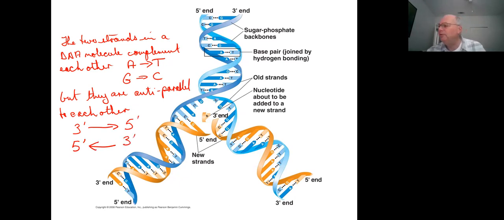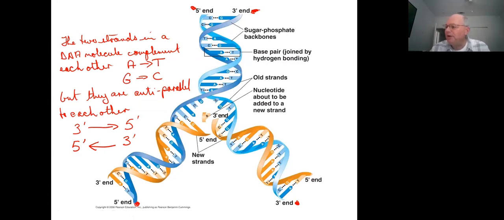So if we follow this strand through, it's got its 3' end there, and we follow this one through, you find the 5' end down here. But if we look at this one over here, the complementary strand, its 3' end is down here, and its 5' end is actually hidden behind the box up here. Let me pull that down for a minute. So the 5' end is up here on this other one. So 3' is down the bottom, its 5' is up here. So they're anti-parallel to each other.